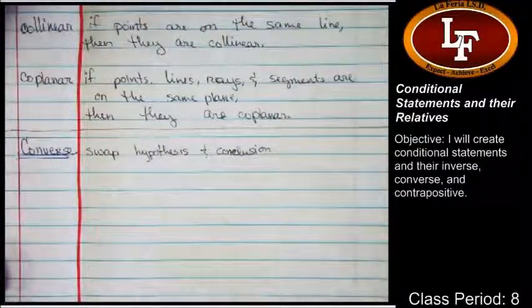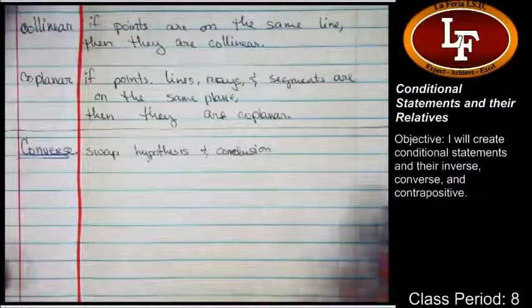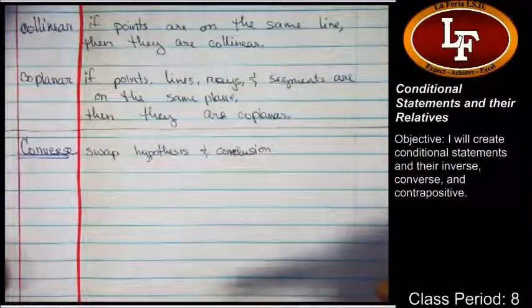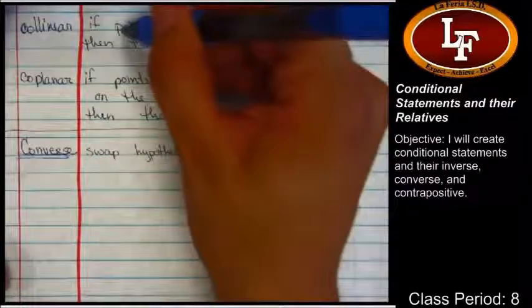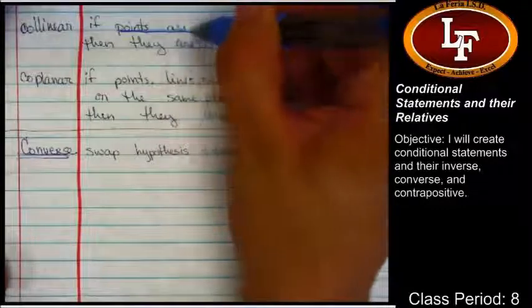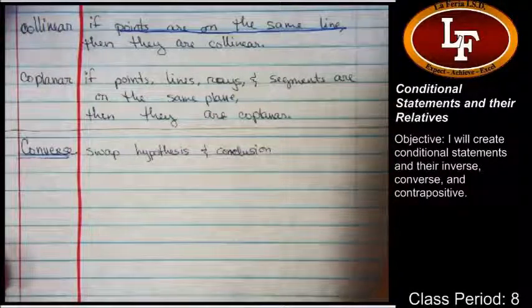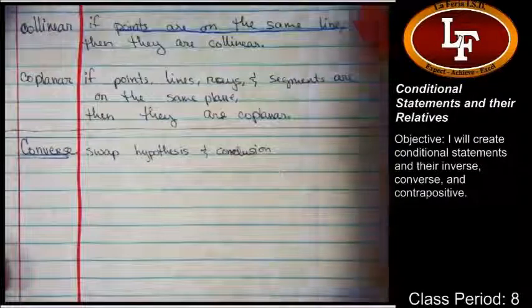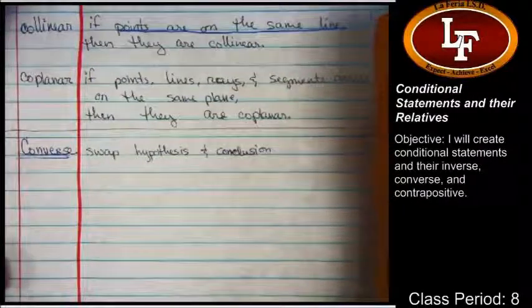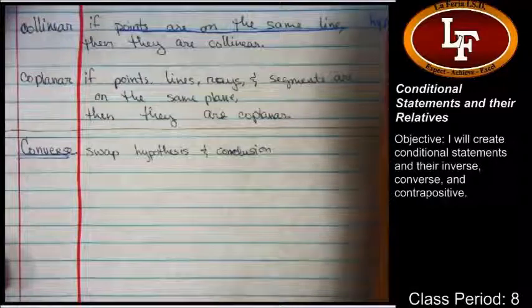Okay, this is the time to break out those colored pens. Let's go back up here to these conditional statements, and I'd like you to underline this first part of the sentence: points are on the same line. Underline it once. If you're using colors, pick one color. This is the hypothesis.